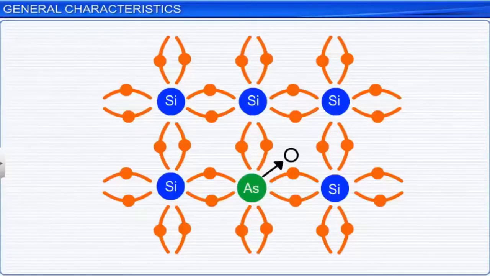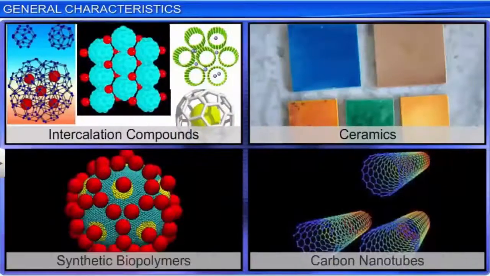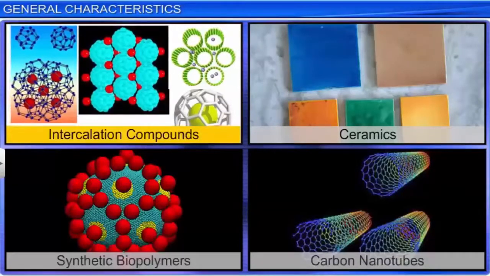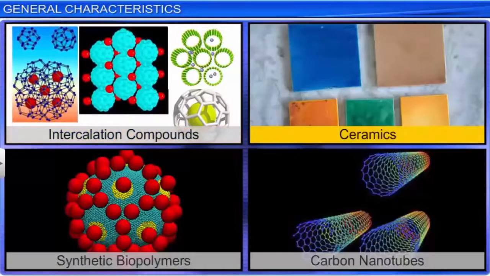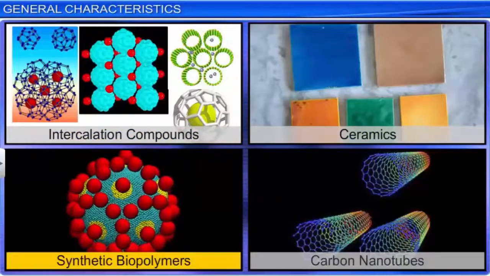Some solid materials that were prepared for applications in various fields are superconductors, such as intercalated compounds of fullerenes, certain ceramics, synthetic biopolymers such as PHBV and PLA, and carbon nanotubes.